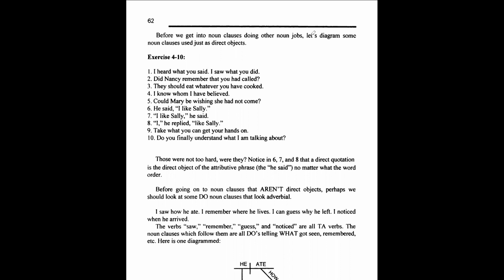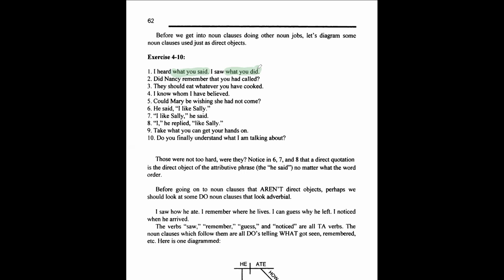So if we see, I heard, what did you hear? What you said. I saw, what did you see? What you did. So those are noun clauses that are direct objects. They have subject, verb, and they're acting as nouns. Number 2, did Nancy remember that you had called?